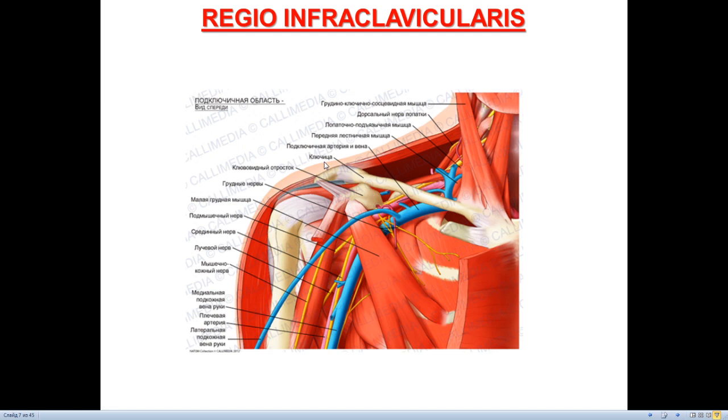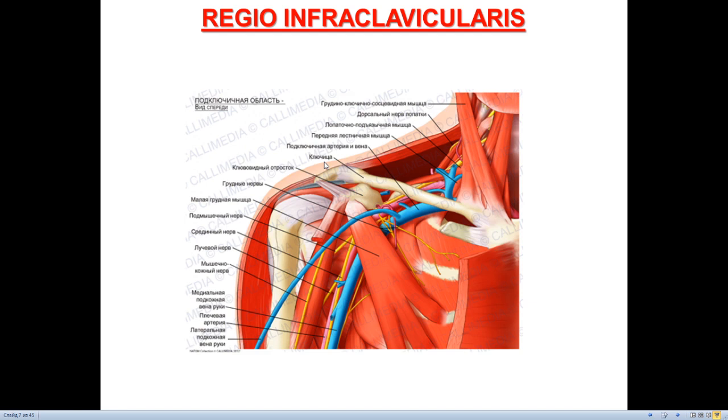Superiorly, the clavicle. Inferiorly, a horizontal line which passes through the third rib in male, or the superior margin of the mammary gland in female.